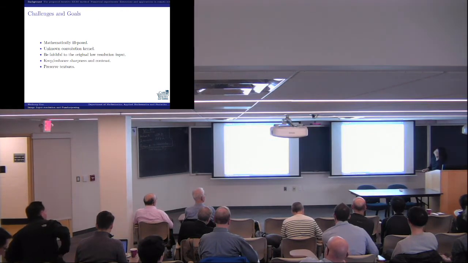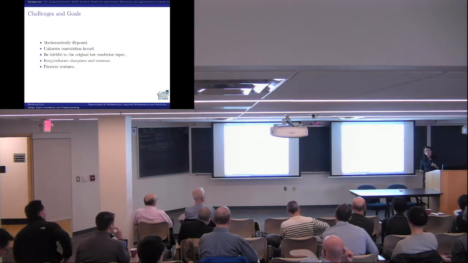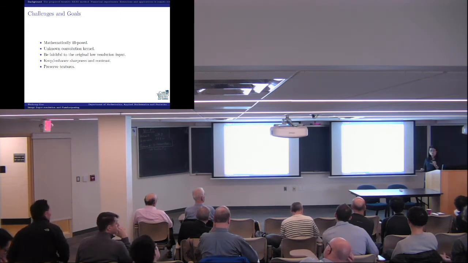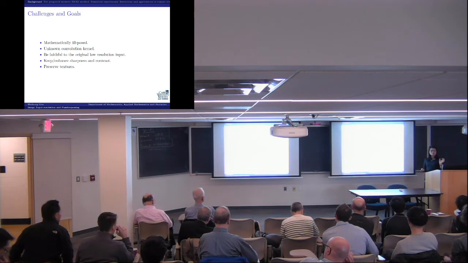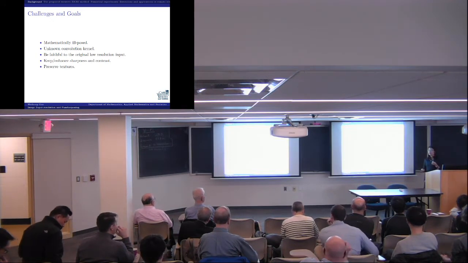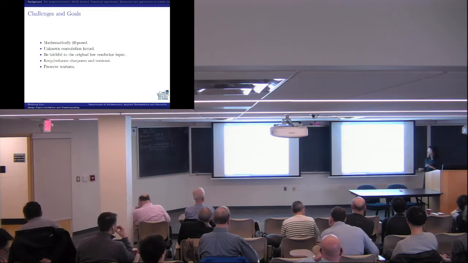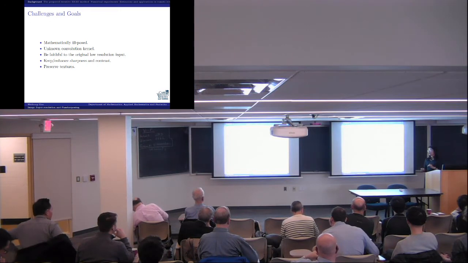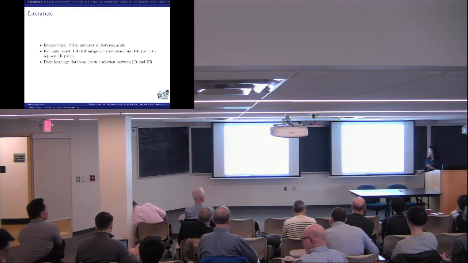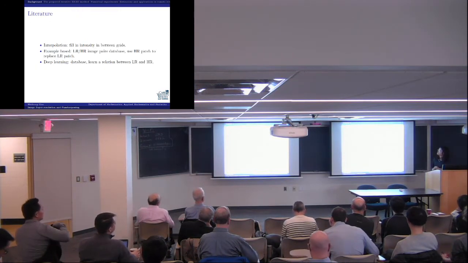And as we talked about earlier, the relation between the low resolution image and the high resolution image has a convolution and a downsampling operator. Very often we don't know the convolution kernel. The goal is to reconstruct a high quality image. We want to preserve textures, preserve sharpness.